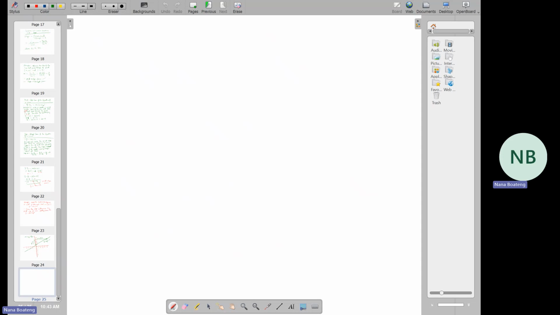Okay, so let's look at the equation of a horizontal line.